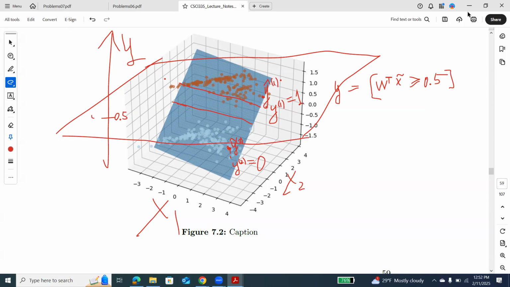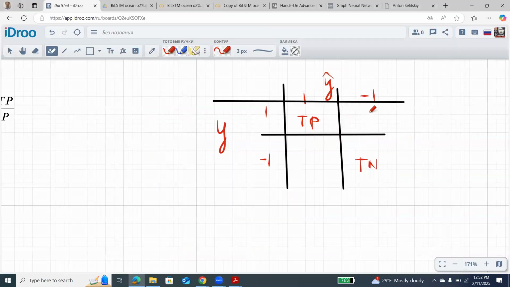So in other words, if our model for a point with label 1 returns a different label, we call this false negative. It was positive, but the prediction was negative. And finally, if our true target was negative, but our model predicted this as positive, we call this false positive.